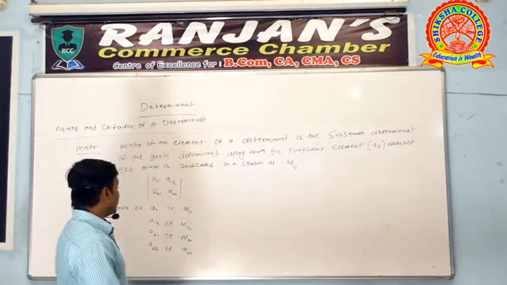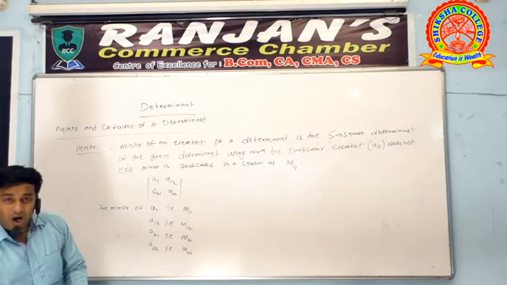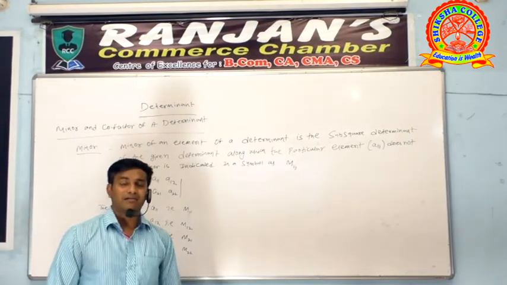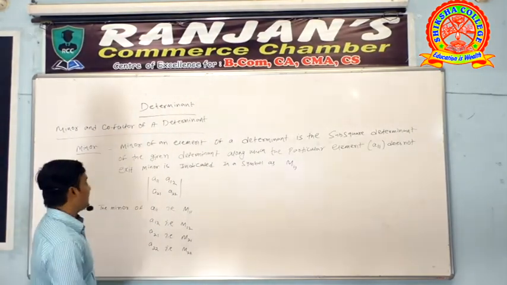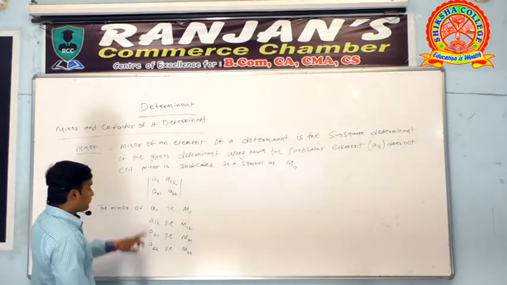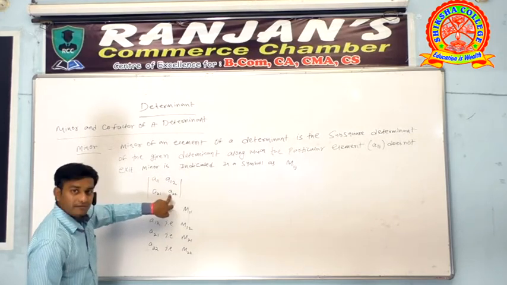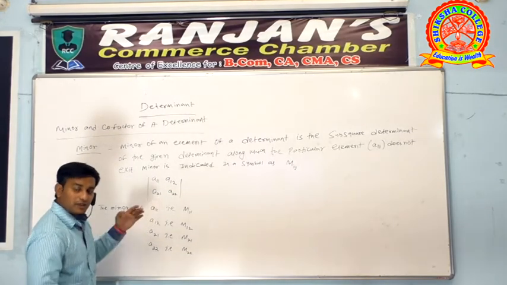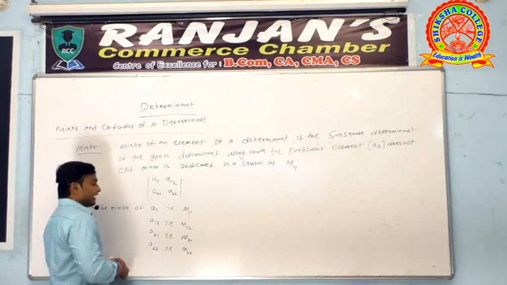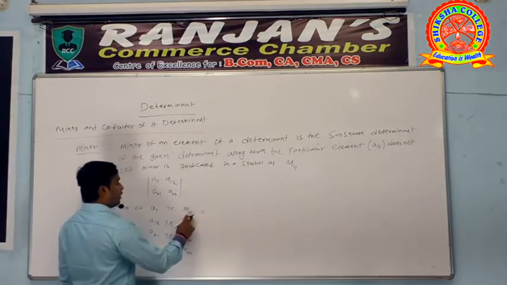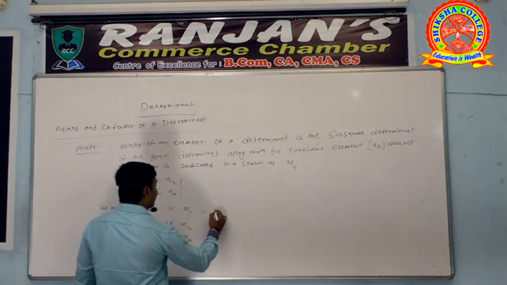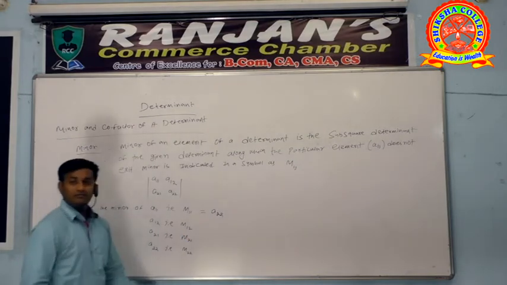But in 2 into 2 order, it is very simple: the opposite value of the same diagonal. A11, the diagonal is clear, A22, so that is the opposite value. So the minor of A11 or M11 is equal to the value of A22.